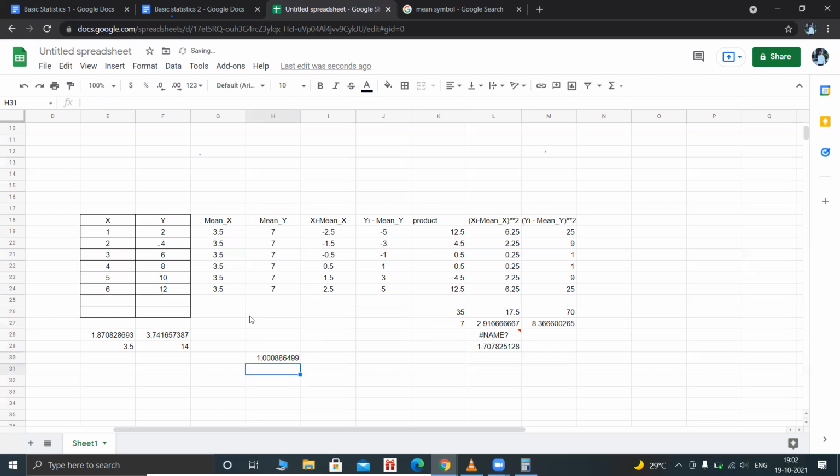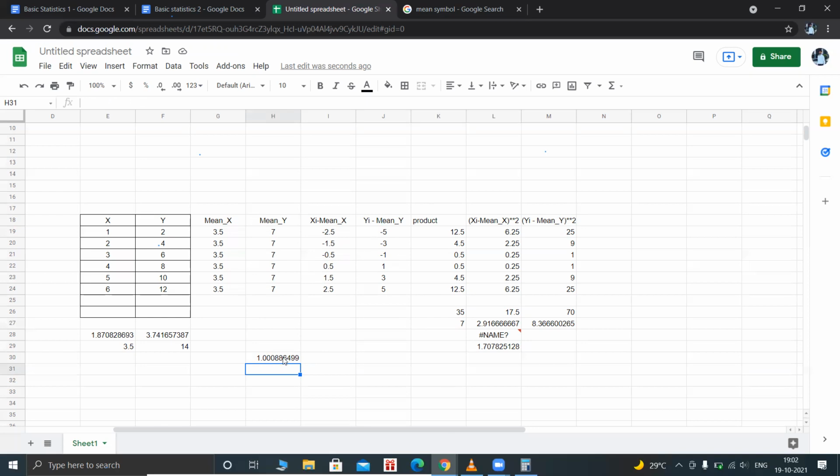I don't know how much I'll get. Yeah. So guys, actually I'm supposed to get up to 1 only. The value shouldn't exceed 1. But here I got some value, I don't know where I made the mistake. I got 1.0088.